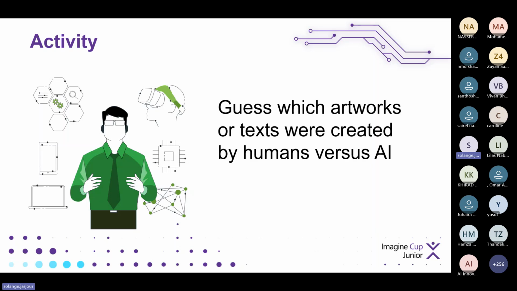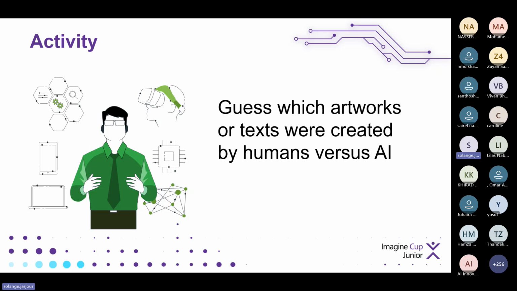Please concentrate here. I have two words: generative AI and real. Okay, I need you to like whether the image I will be showing you is generated by AI or is a real image drawn by an artist.